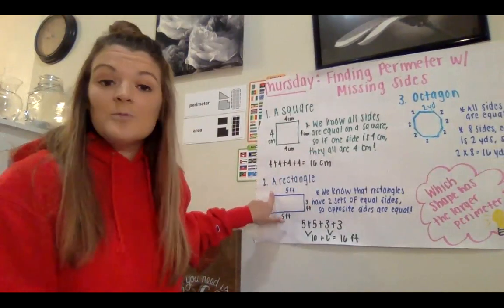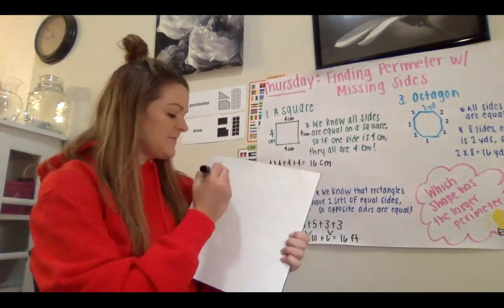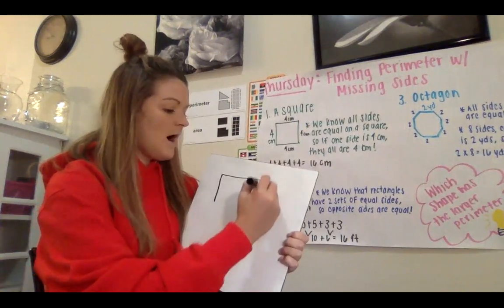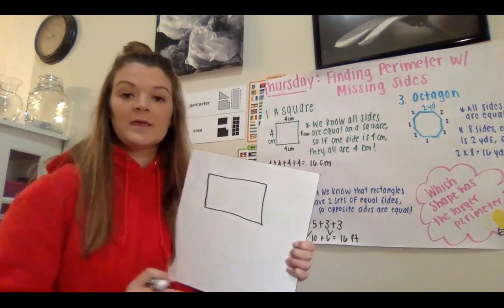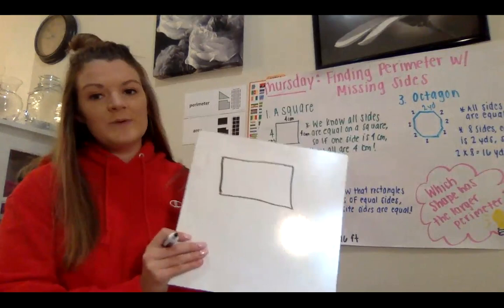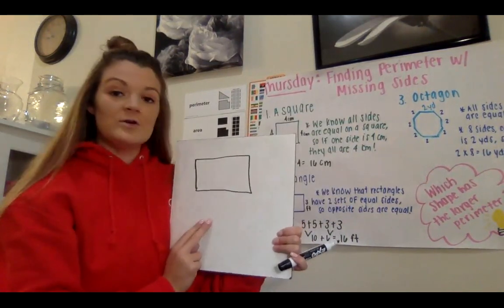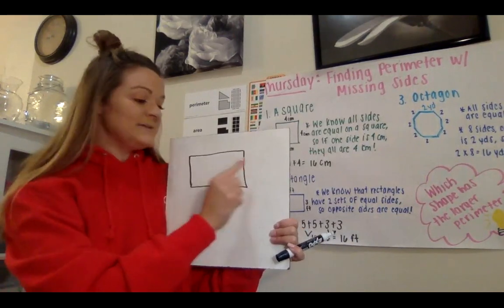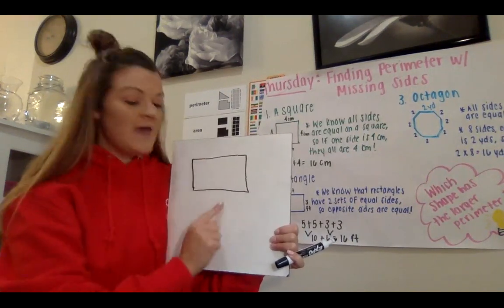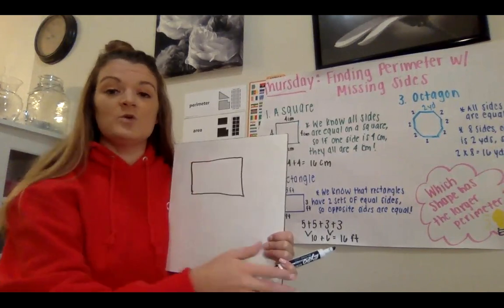Let's look at another example. Number 2, I drew a rectangle. What are some things we already know about rectangles? Now we know rectangles are a little bit different than squares. Squares have 4 equal sides, but rectangles are a shape where opposite sides are equal. They have 2 pairs of equal sides.